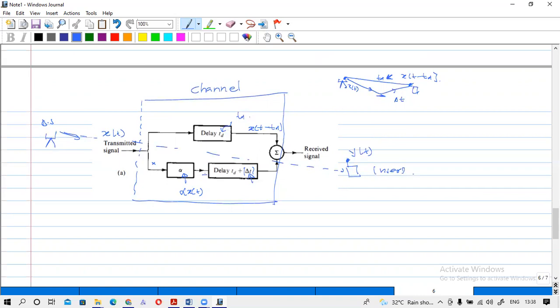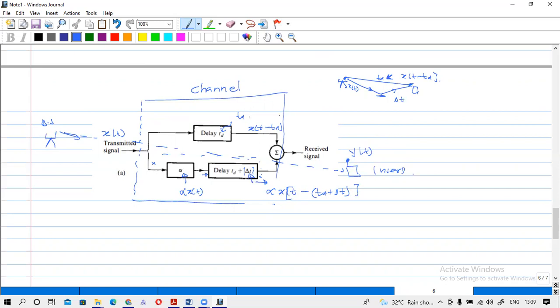Then that alpha x(t) has a delay, and the delay is Td plus delta t. So the output of this path will be alpha x(t minus Td plus delta t). So this is the delay.